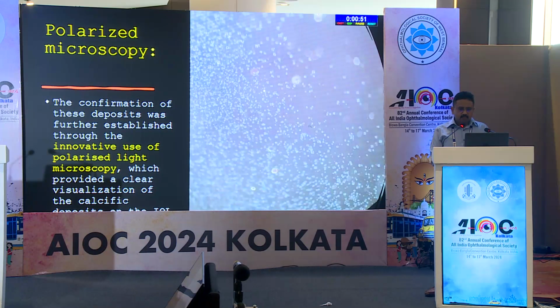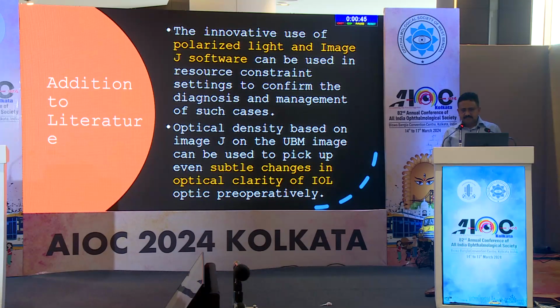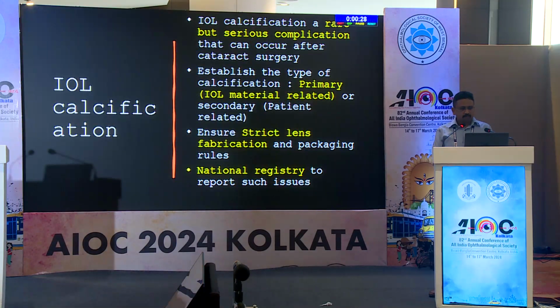Polarized light could beautifully picturize these deposits which were on the surface of the IOL. This report adds to the existing literature on calcified IOL, wherein you can use an image based on UBM or OCT and apply it to ImageJ software. And even subtle changes in the optical clarity of the IOL can be made out.